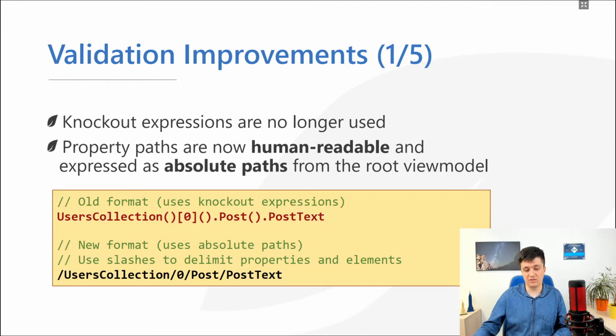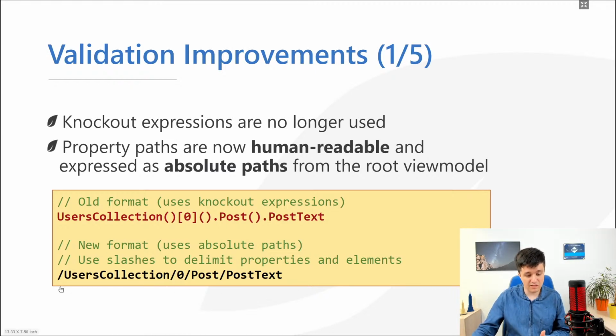You actually don't need to, of course, write these paths, but it's really helpful to at least have some sense of how they actually look like and what they mean, because as I'll be showing you on later slides, we are right now showing these property paths whenever displaying validation errors to users, because they are now pretty nice, easily readable, and can help you to identify the root cause of validation issues much faster.